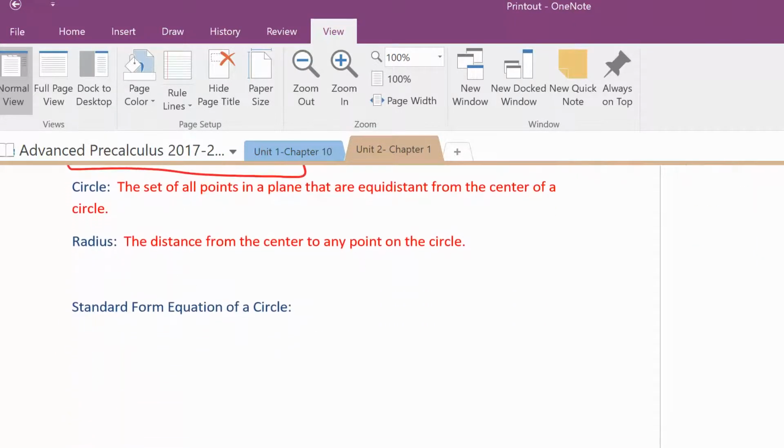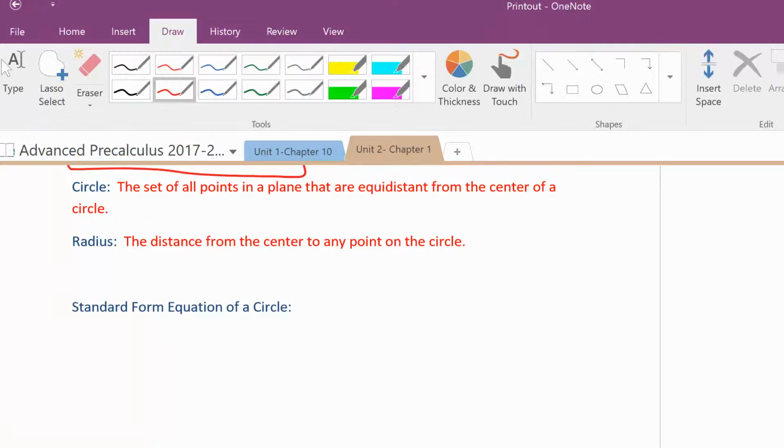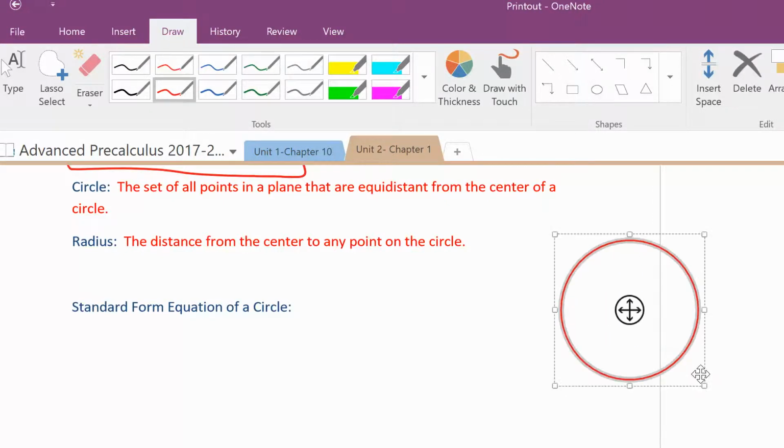Now, how does this help us with circles? Well, a circle, remember, is the set of all points in a plane that are equidistant from the center. So let's draw a circle here. There's our circle. And remember, you have the center.